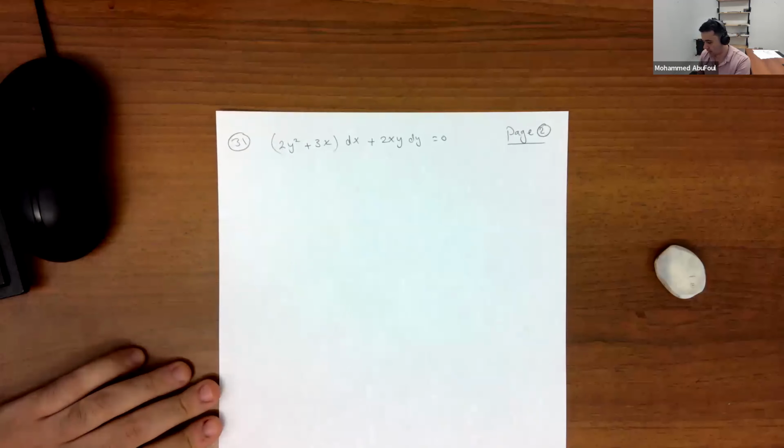The question is, solve the following differential equation using the exact method.